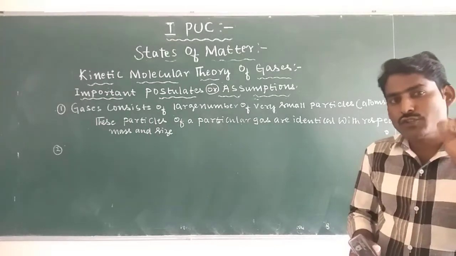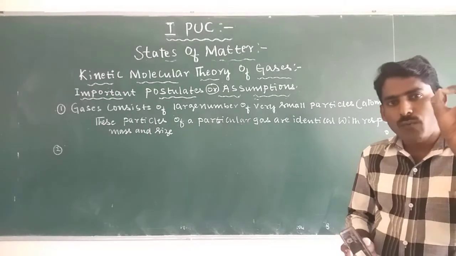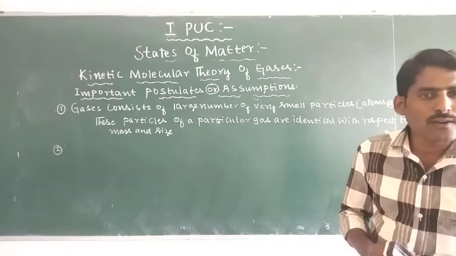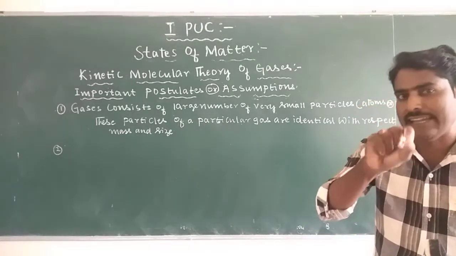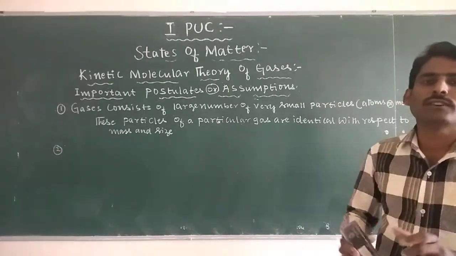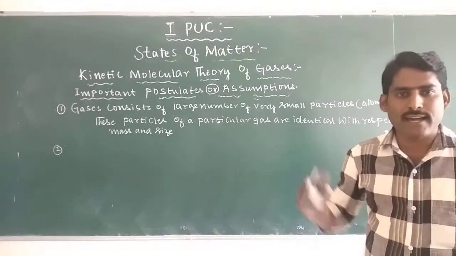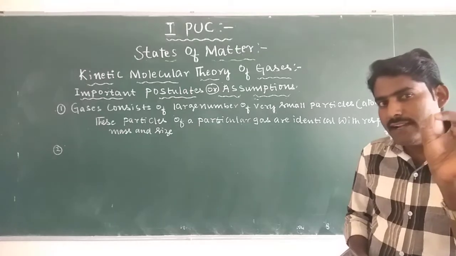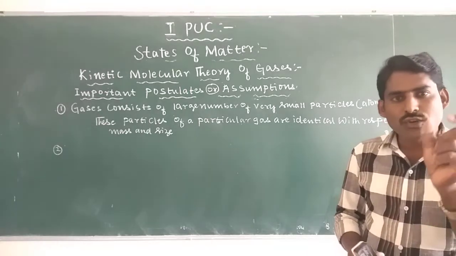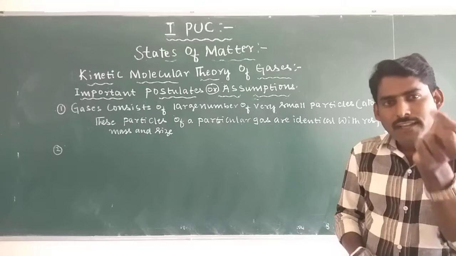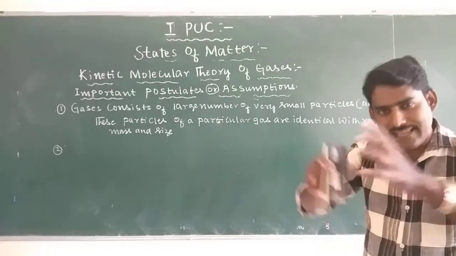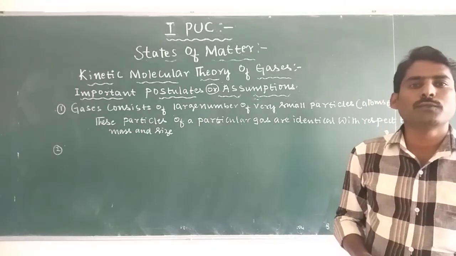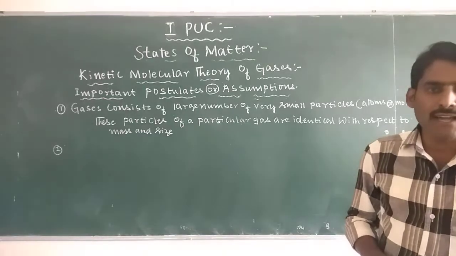Hence, the actual volume of a gas molecule is neglected in comparison with the total volume of the gas. Gas particles are taken as point masses. The actual volume occupied by an individual gas molecule is neglected when compared to the total volume of the gas.